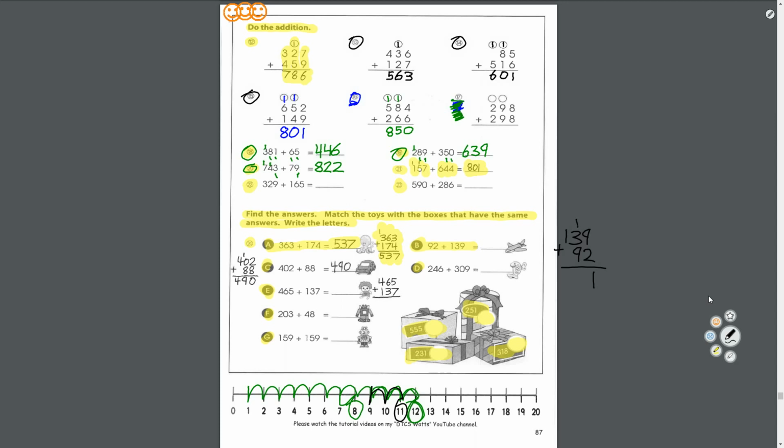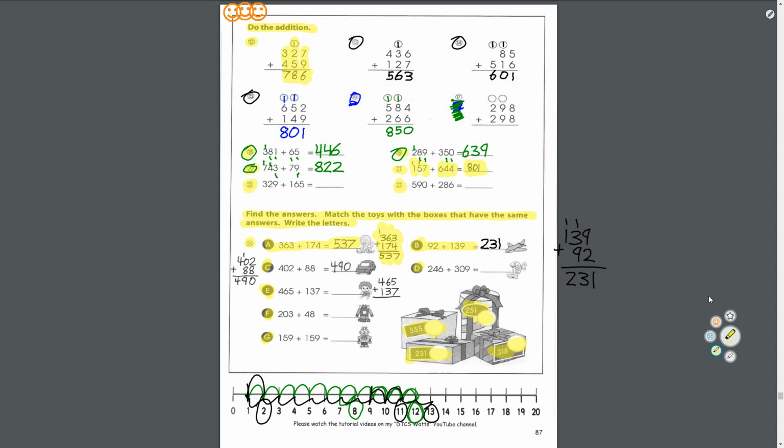Carry the 1 above the tens. 1 plus 3. 1, 2, 3 equals 4. Plus 9. 1, 2, 3, 4, 5, 6, 7, 8, 9, 13. Carry the 1 above the hundreds. 1 plus 1 equals 2. So our answer is 231.